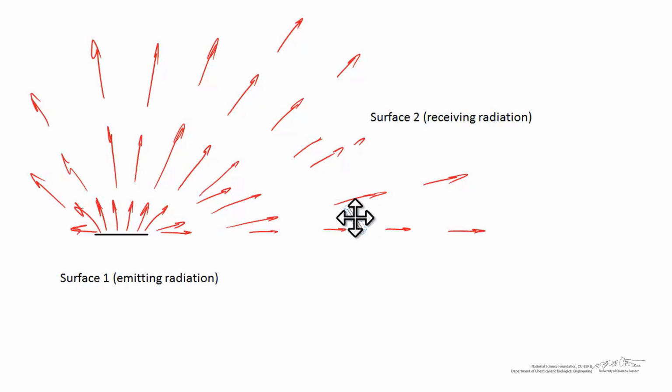Conversely, if I move it up into this field, the projected surface area it sees is much bigger. So in this case, this would be the maximum amount of radiation that surface 2 could feel. It's arranged perpendicularly to the radiation, and it is right in front of surface 1. So it's a couple of things to consider, and we'll talk about those mathematically in a second.